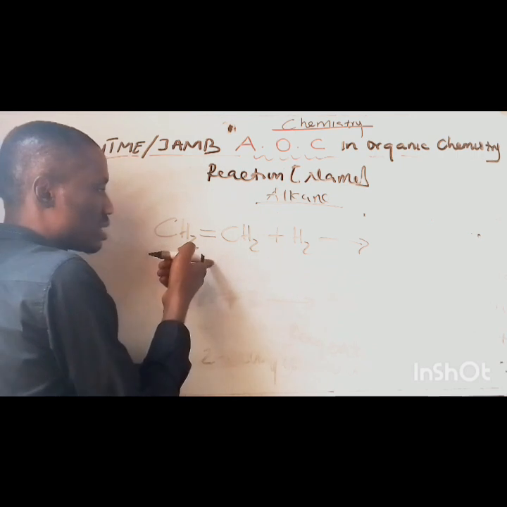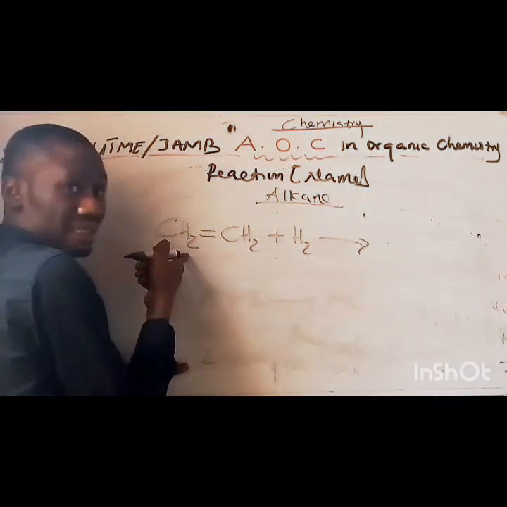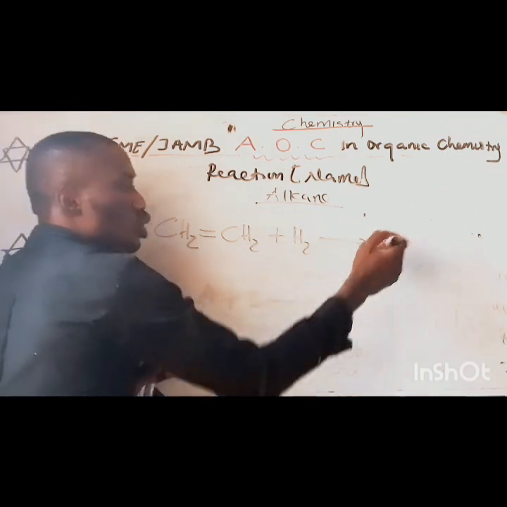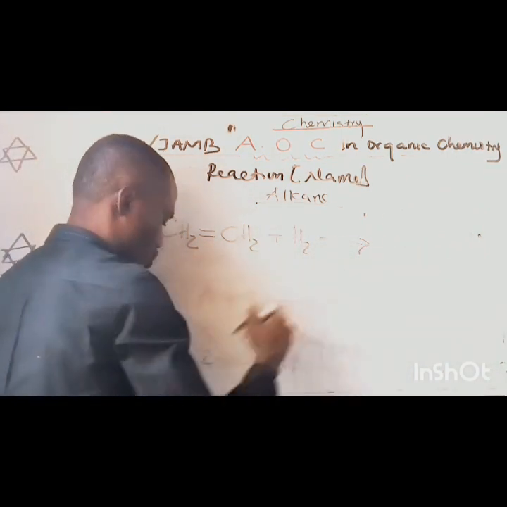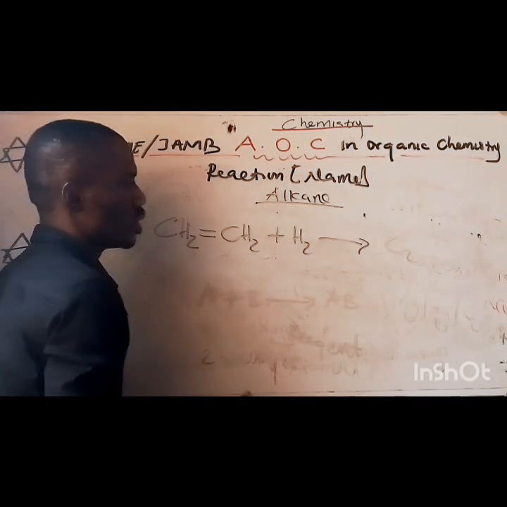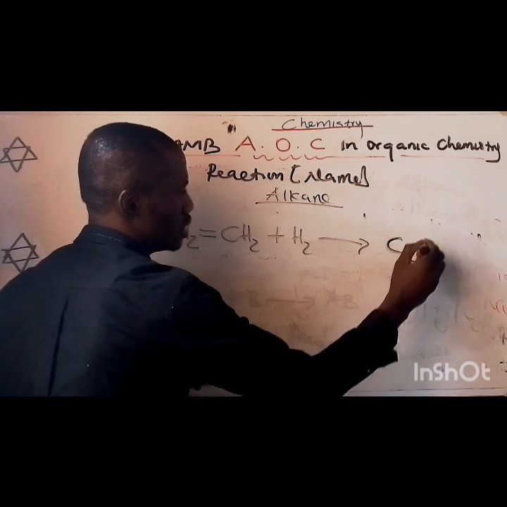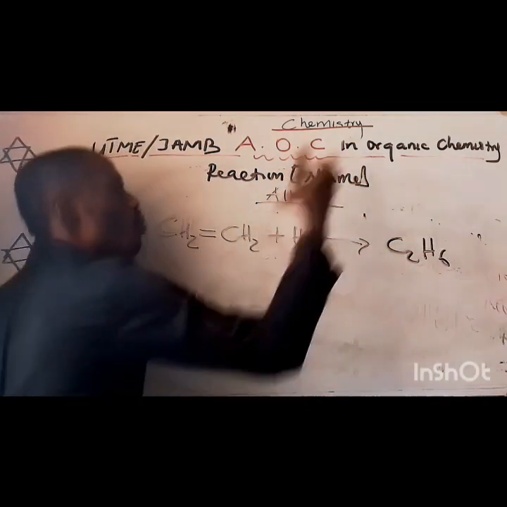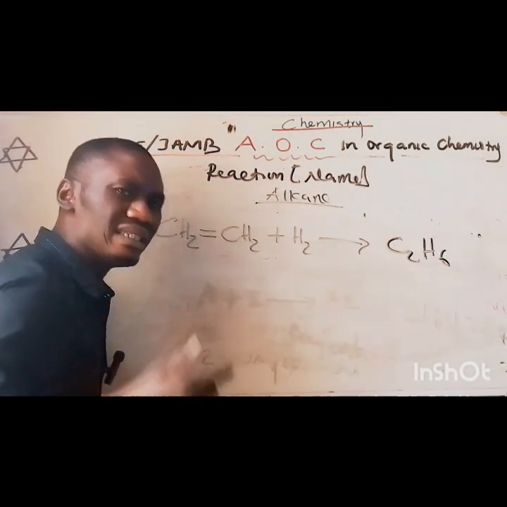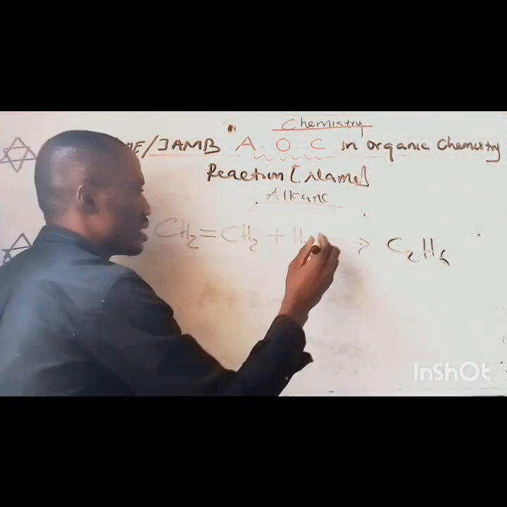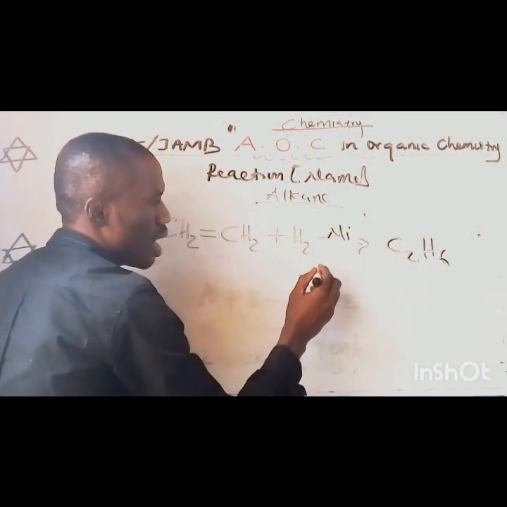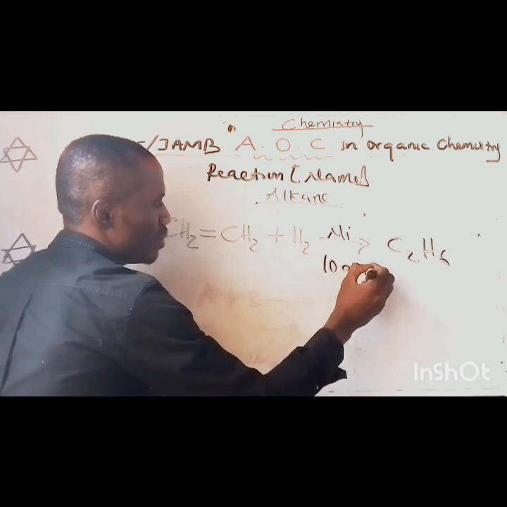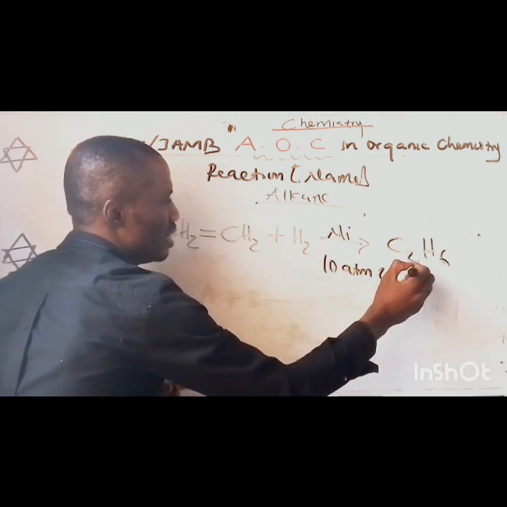This is an alkene acting or combining with two hydrogen atoms to produce C2H6. Now, what is the reagent that promulgates this reaction? The reagent that promulgates this reaction is nickel, and then at 10 atm and at about 25 degrees Celsius.